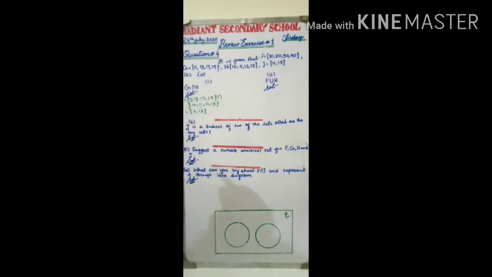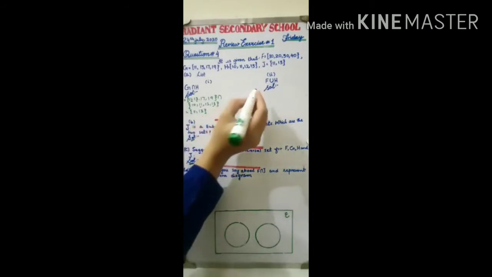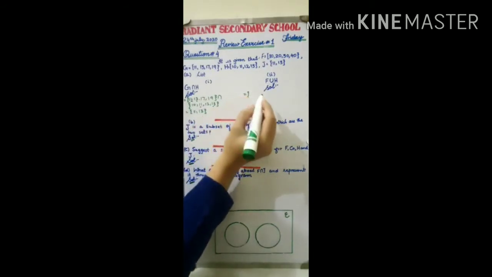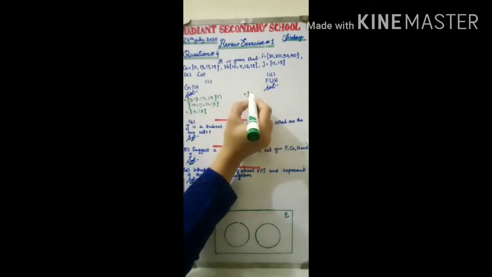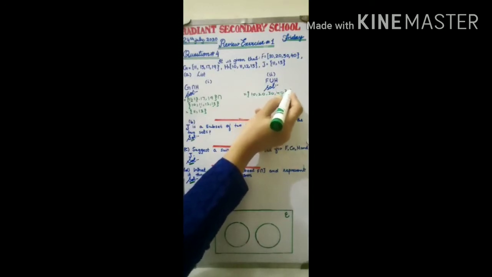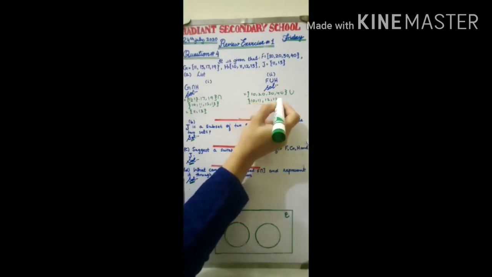Now come to the second part. We have to find F union H. So you have to write the F set first. F set is 10, 20, 30, 40. Union H set. H set is 10, 11, 12 and 13.